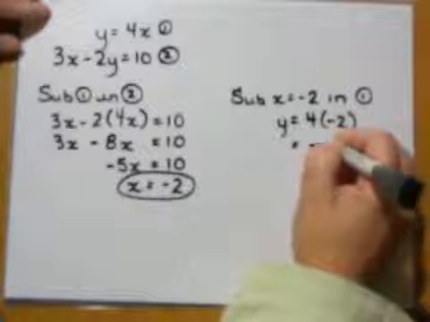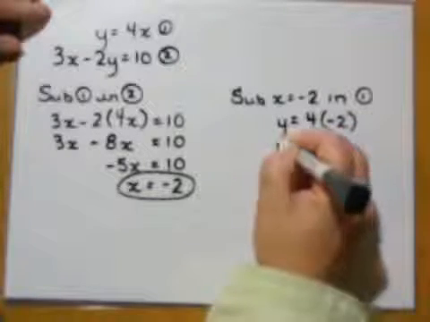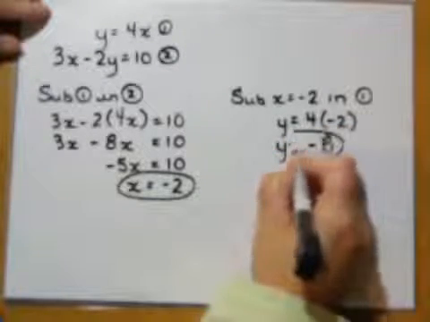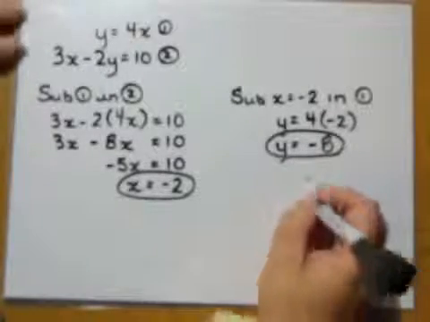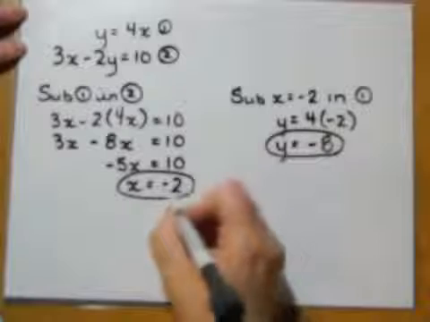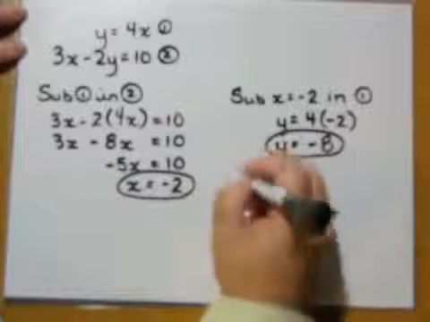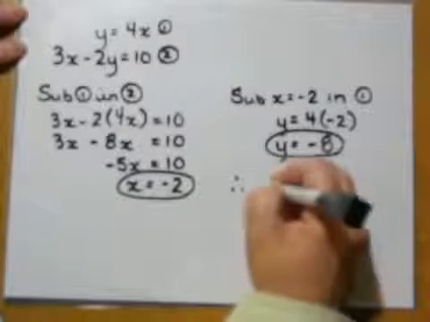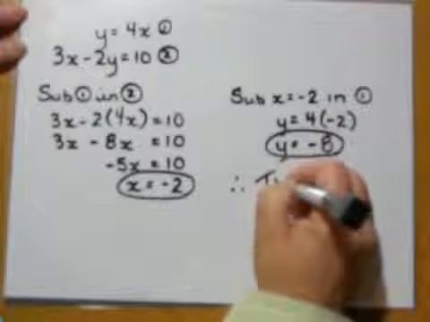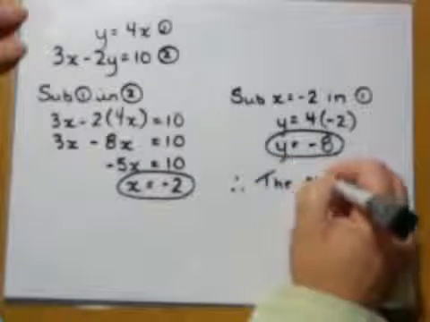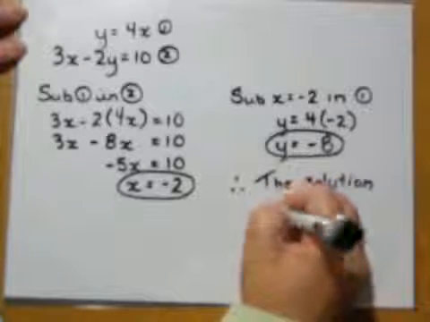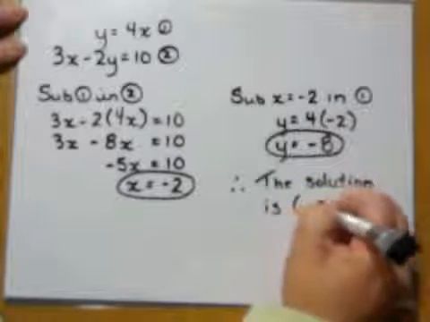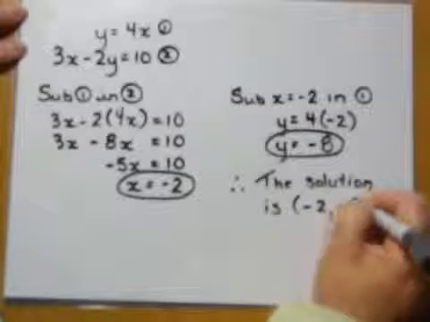So y equals negative 8. If I were to graph these two lines, they would intersect at the point negative 2, negative 8. So therefore, the solution is negative 2, negative 8.